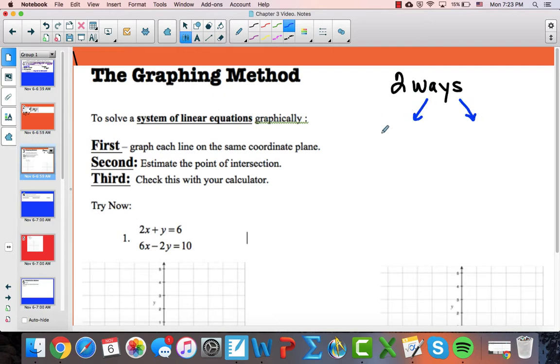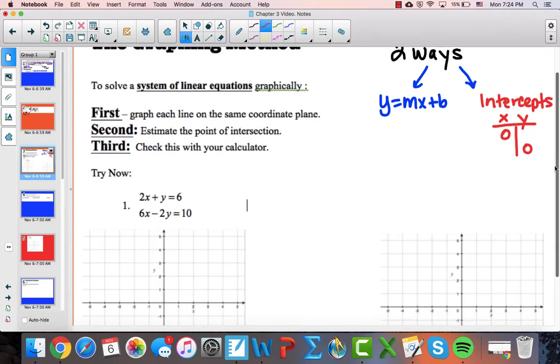So one way is to put every equation into the form y equals mx plus b, so slope-intercept form, and then use the slope and the y-intercept to graph it. Or you can use the intercept method. So use the intercepts. That means let x and y both be 0 and solve for the missing variable. So you can graph either way.